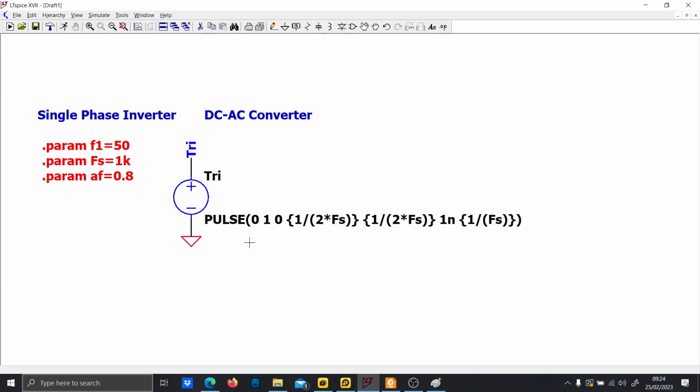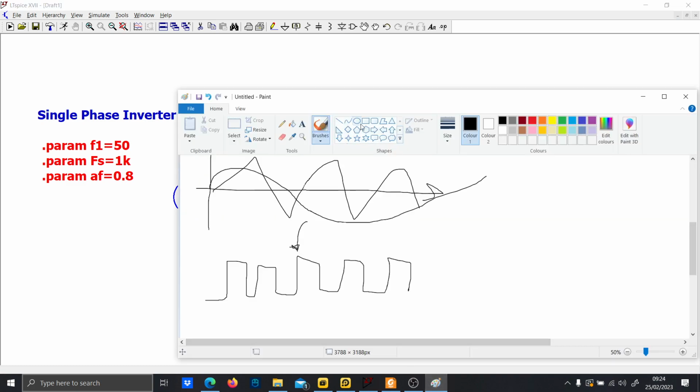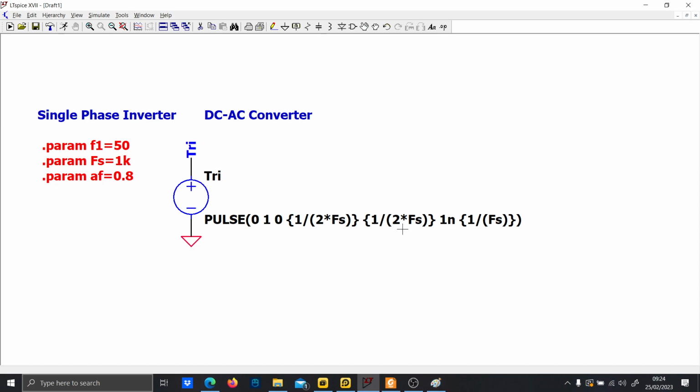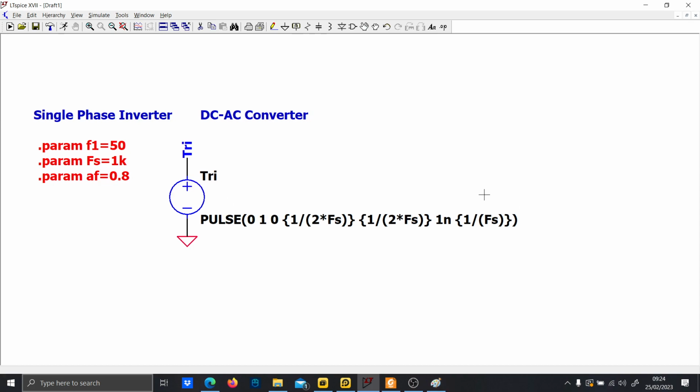Now we want to use the control voltage, and as we saw from Paint, this is the triangular voltage, and the control voltage is a sinusoidal waveform with the fundamental frequency of the circuit.